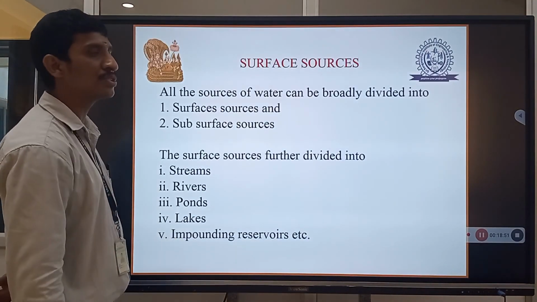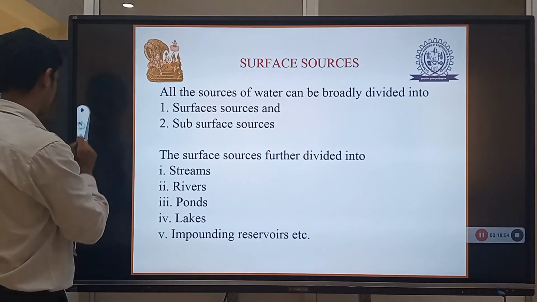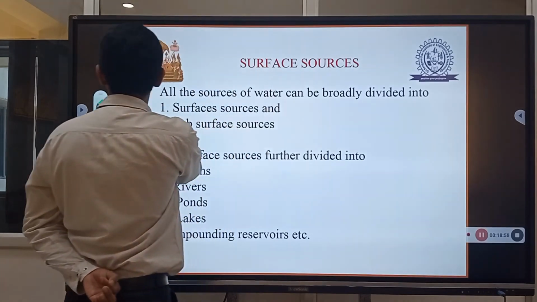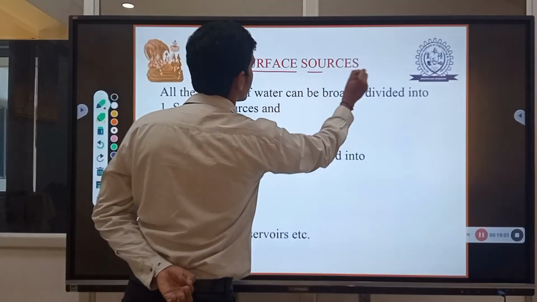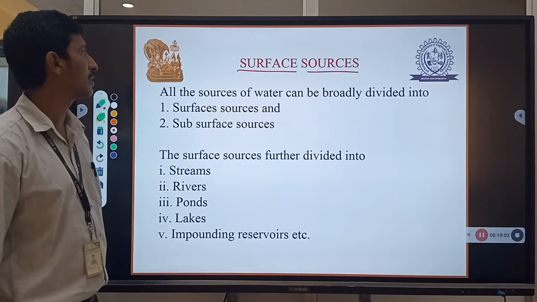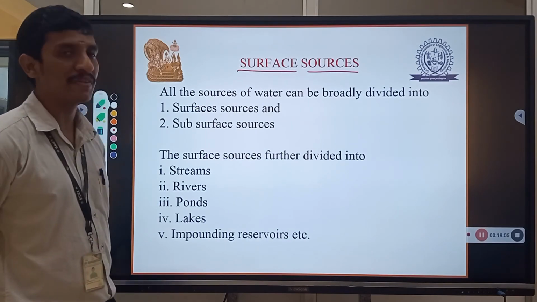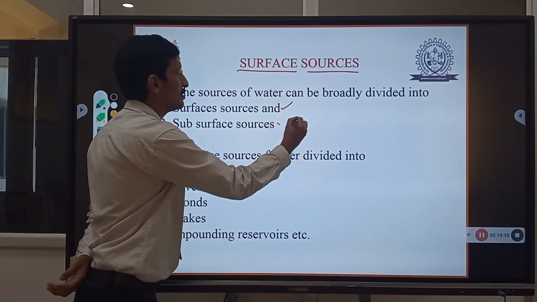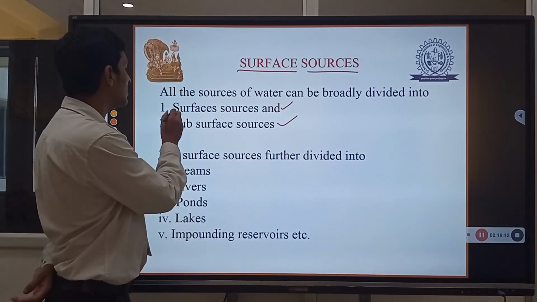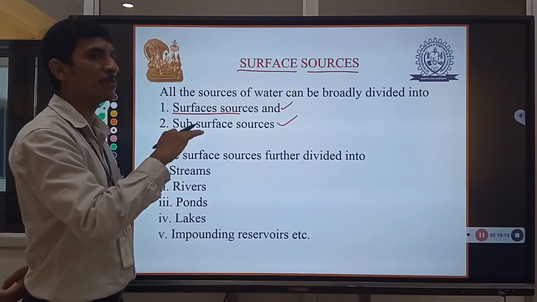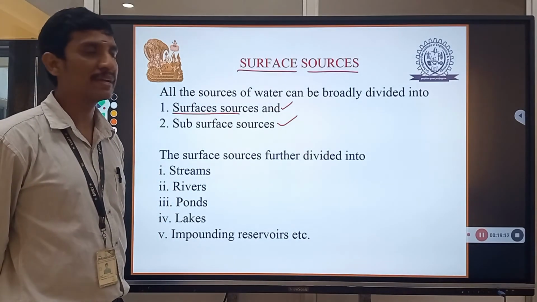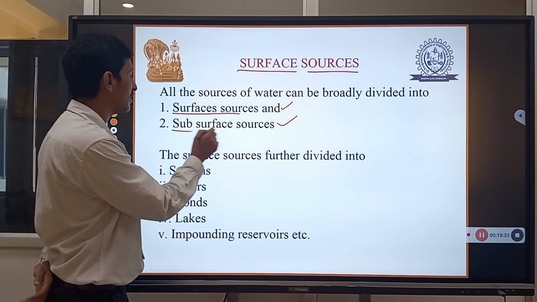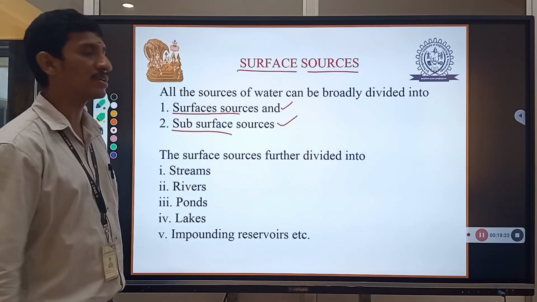The last topic of this session is surface sources. There are two types of sources available: surface sources and subsurface sources. Surface sources are available on the surface of the earth, and we can take water easily from them. But subsurface sources are available below the ground surface.